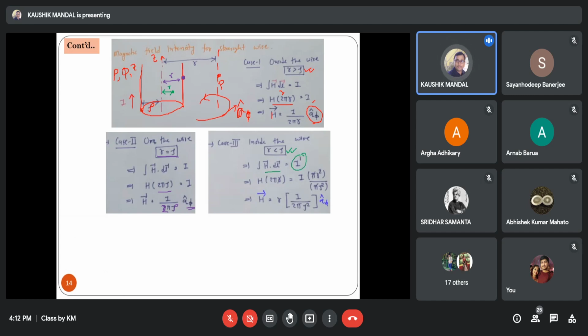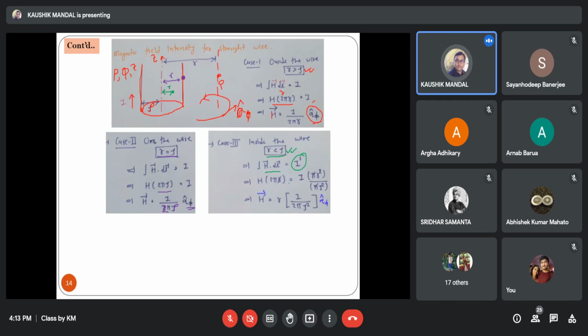So it is represented by I dash, because in case 3, r is less than rho, that is, r is less than the actual dimension of the conducting wire. So H dot dl will not be equal to I, rather it will be equal to I dash. That means I dash is not equal to I.